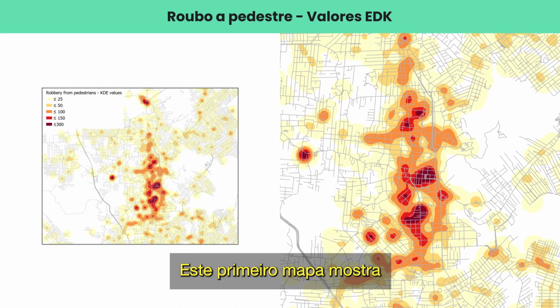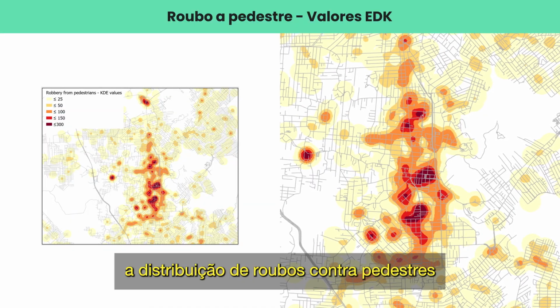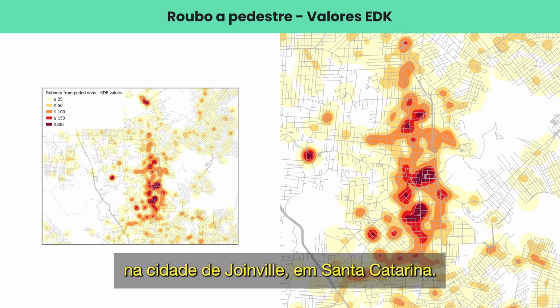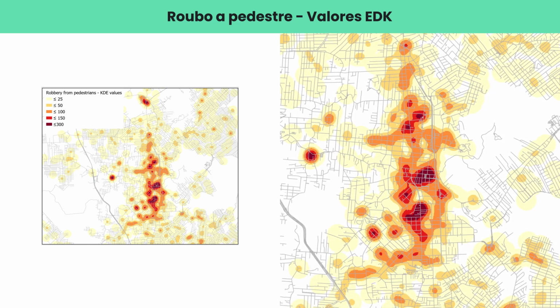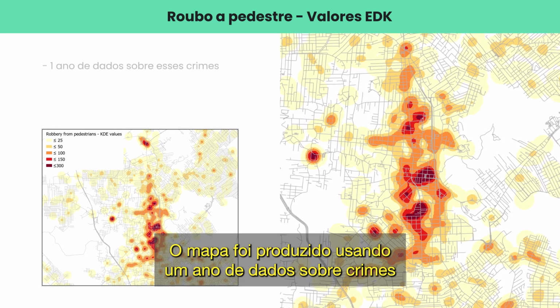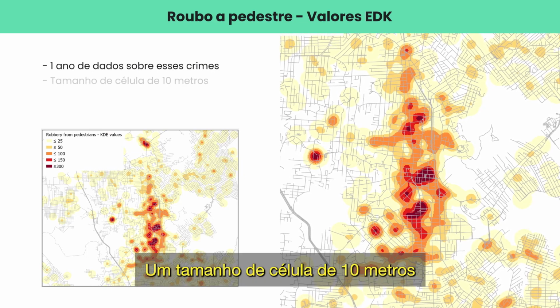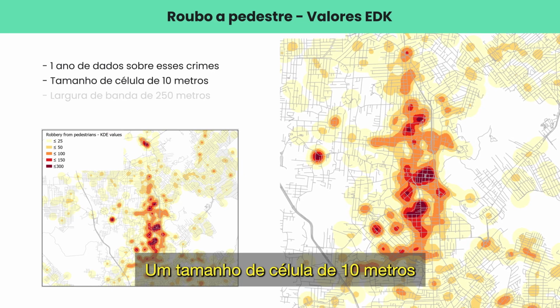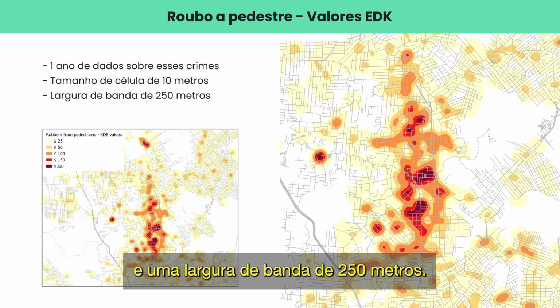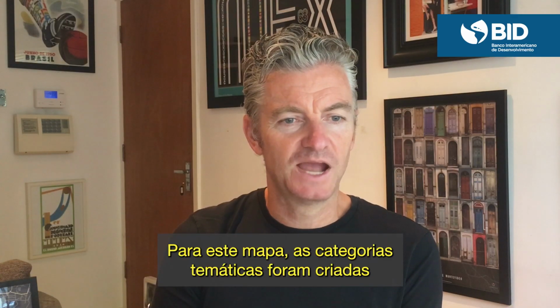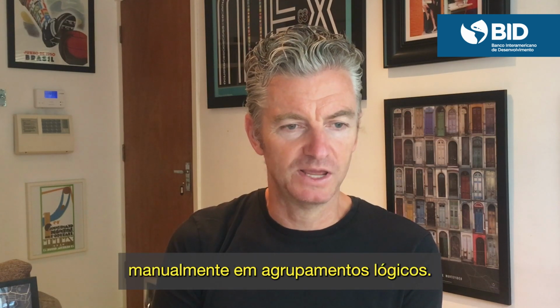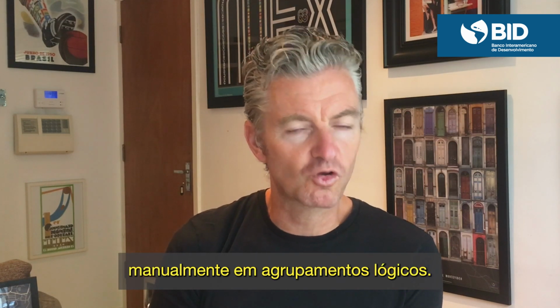This first map shows the distribution of robberies against pedestrians in the city of Joinville in Santa Catarina. The map was produced using 1 year of crime data, a cell size of 10 meters, and a bandwidth size of 250 meters. For this map, the thematic categories were created manually into some logical groupings.